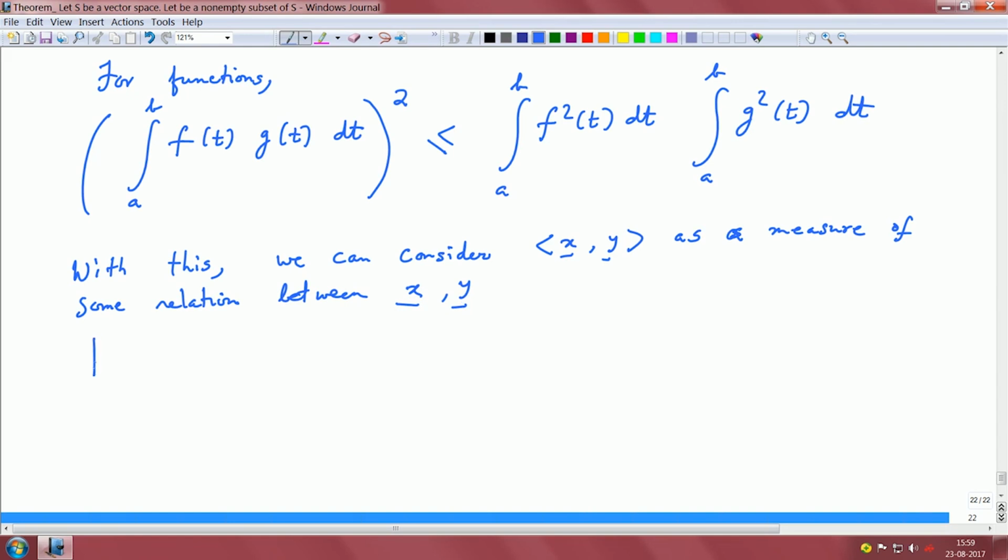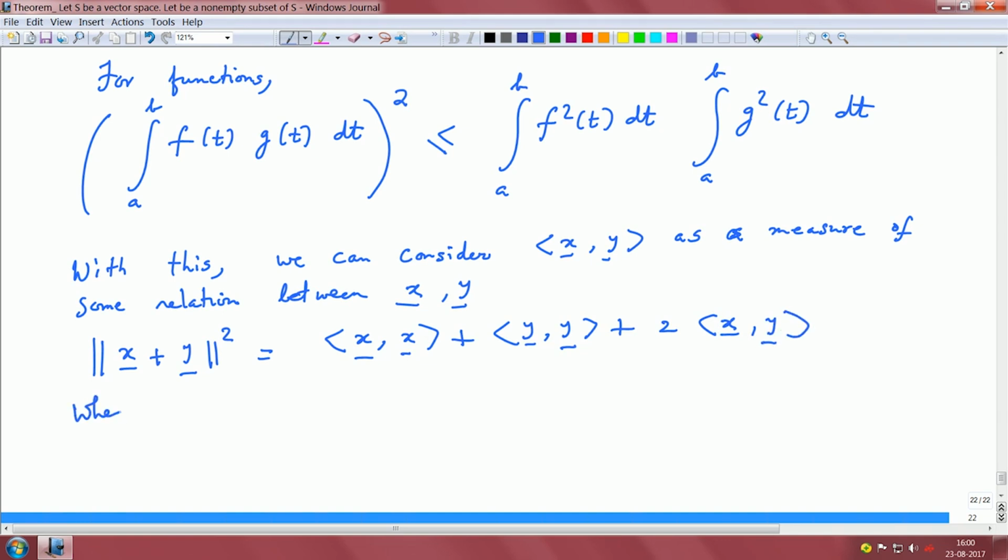To give you a hint, let us look at the norm of x plus y squared, right, and we expand it out as the inner product of x with x, then the inner product of y with y, plus 2 times the inner product of x with y.